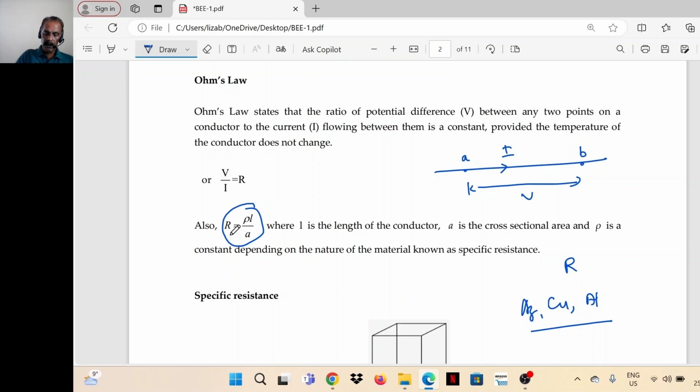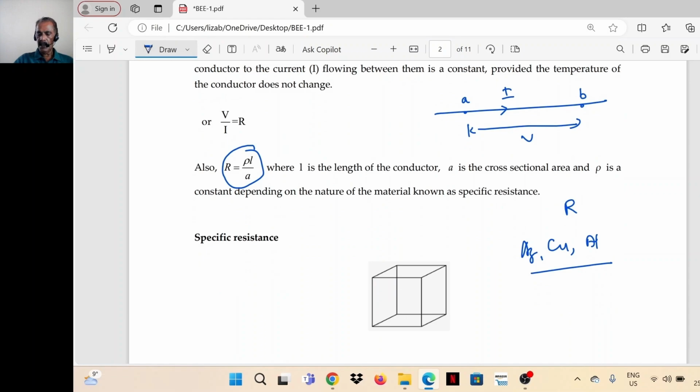So R is equal to rho L by A. Rho is a quantity which is called the specific resistance of the material. Specific resistance, by definition, is the resistance across the opposite sides of a cube of that material. Say if we take copper, assume a cube of copper, 1 meter length, 1 meter breadth, and 1 meter height.